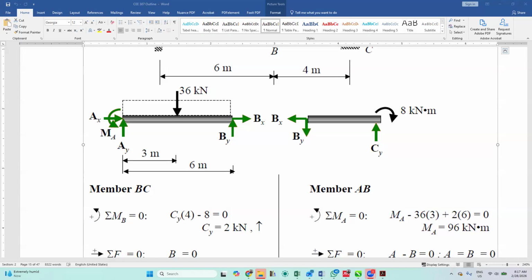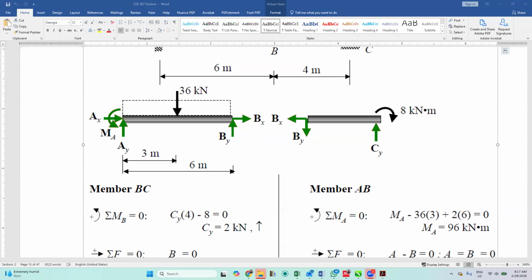Anticlockwise is negative, but clockwise is positive, in the initial sign convention that we are using, that anything coming like this is positive. So if I have something like this in between, is it positive or negative? Negative. Very good. So that way we have minus 36 kilonewton times 3.